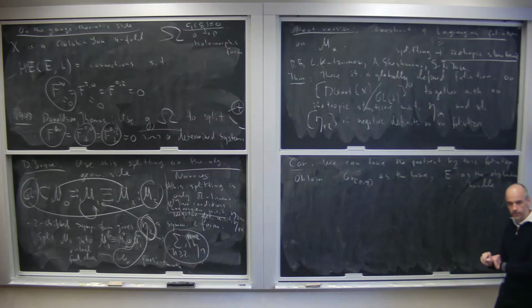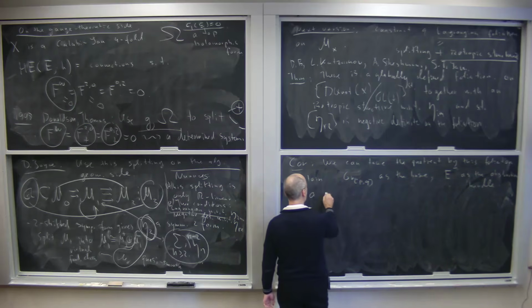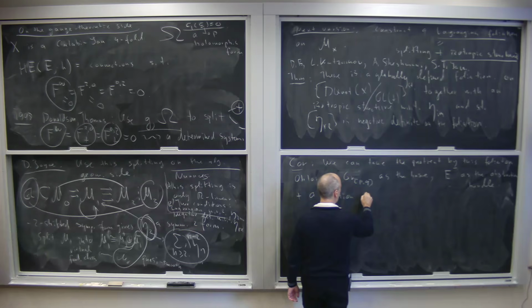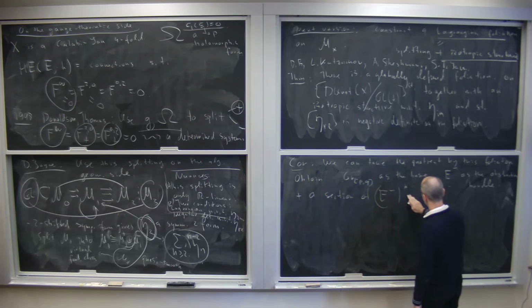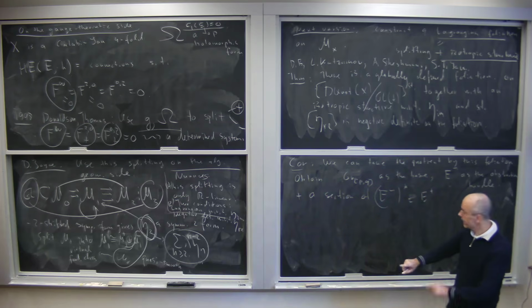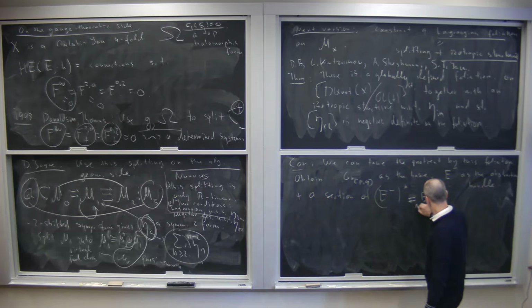And that will be the quotient, together with a section of the dual bundle, which is canonically isomorphic to E plus, because we have this pairing. This depends on the shifted symplectic form that we start with, given by eta.